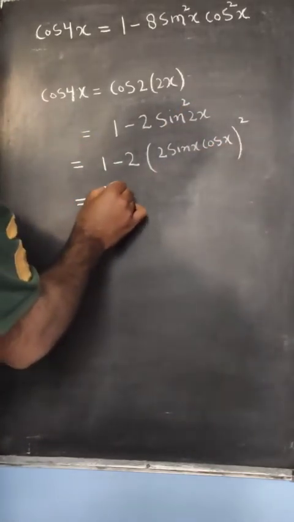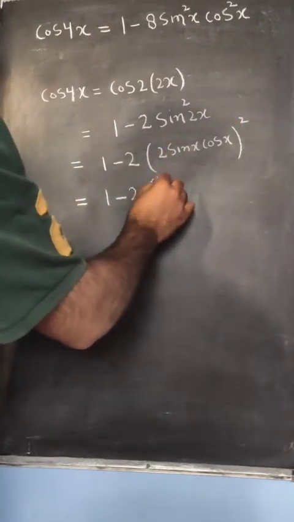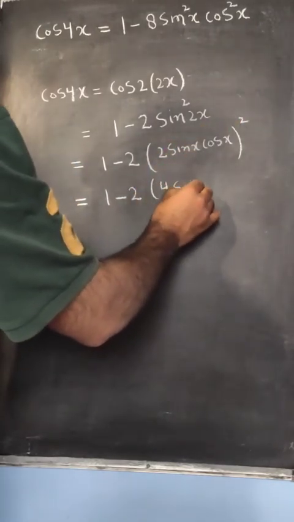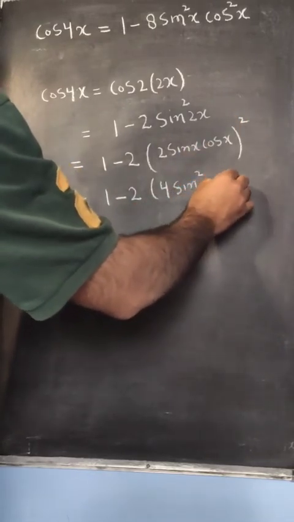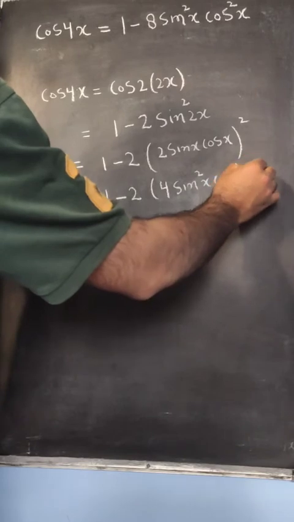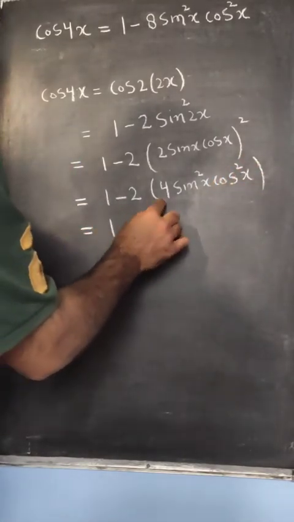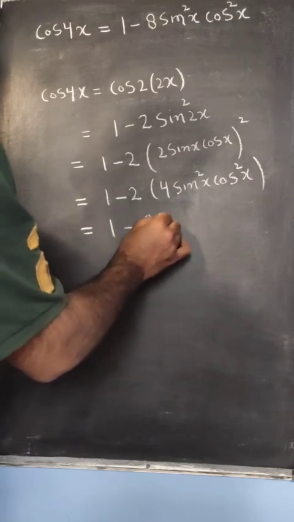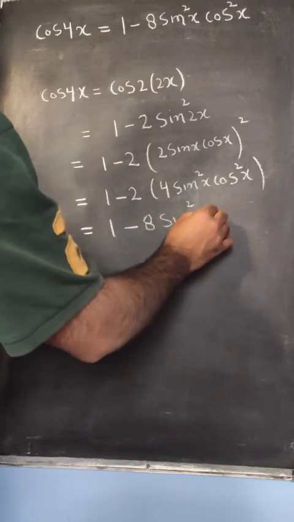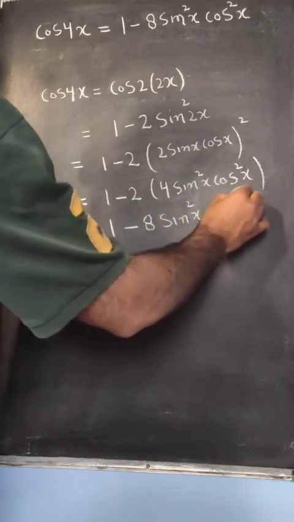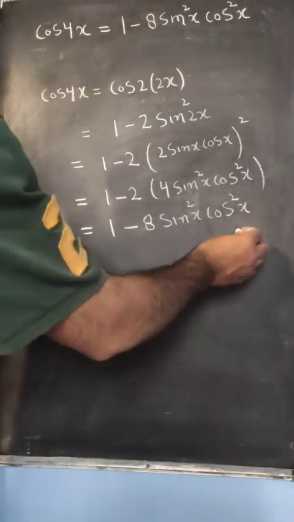That is equal to 1 minus twice, 2 square is 4, so it is 4 times sine square x cosine square x, that is equal to 1 minus 4 into 2 is 8, it is 8 times sine square x cosine square x, which is equal to RHS. So this proves the result.